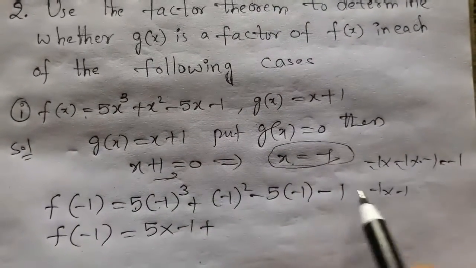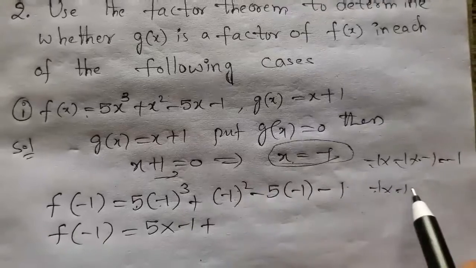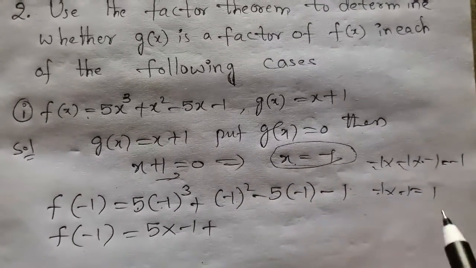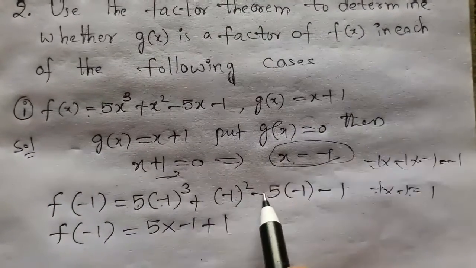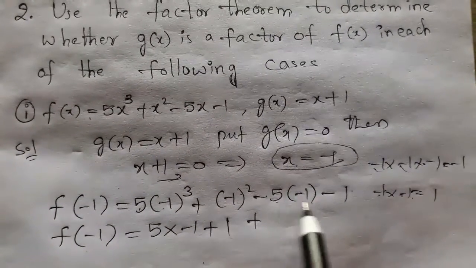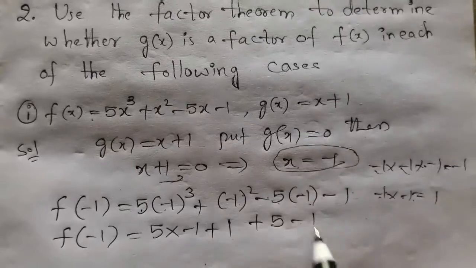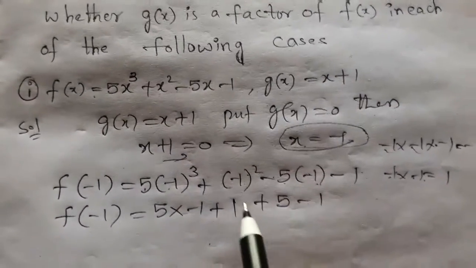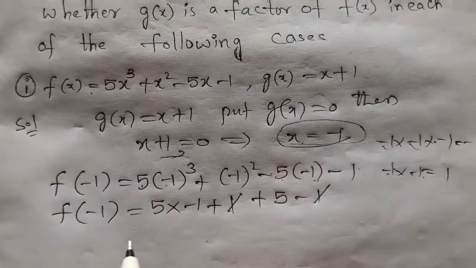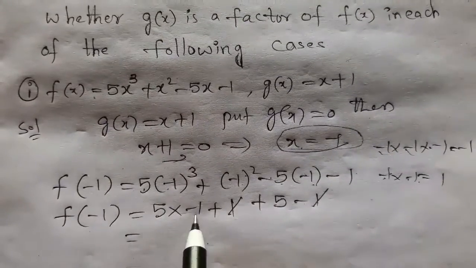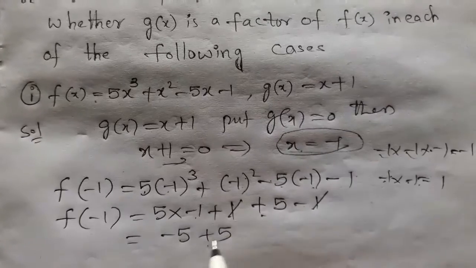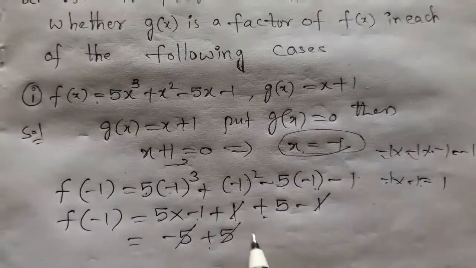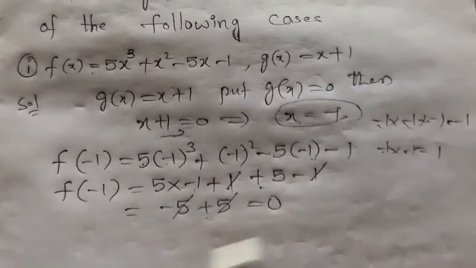So minus 1 square means minus into minus becomes plus, 1 into 1 becomes 1, and 5 into 1 becomes 5, now minus 1. See here, this plus 1 and minus 1 cancel. Now 5 into minus 1 becomes minus 5, next plus 5. So minus 5 plus 5 cancel. What is the value? 0.